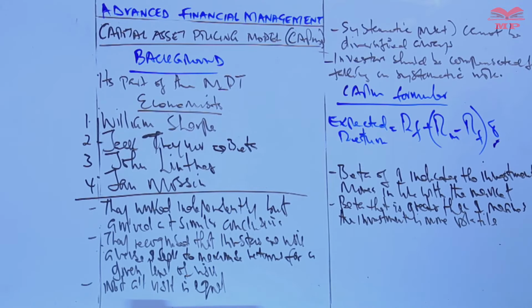A beta of 1 indicates that the investment moves in line with the market, while a beta greater than 1 suggests higher volatility. And a beta less than 1 indicates lower volatility, lower risk. That's beta.